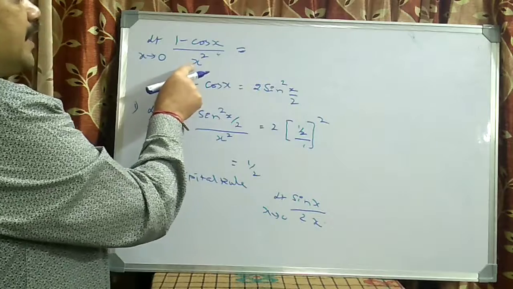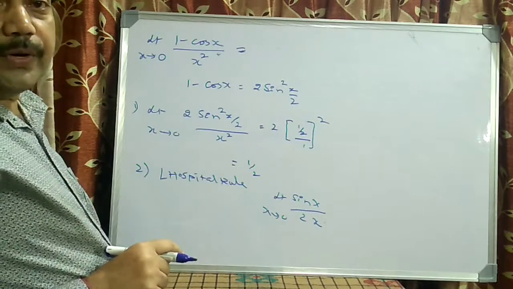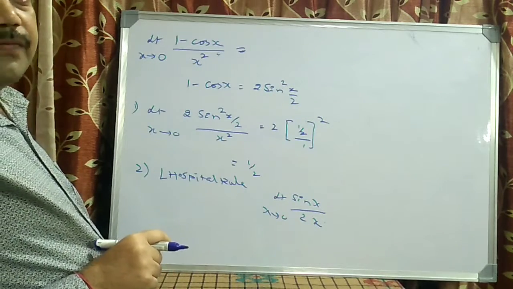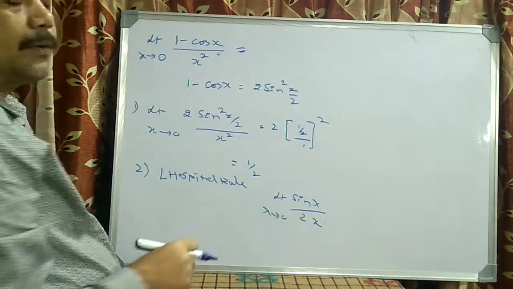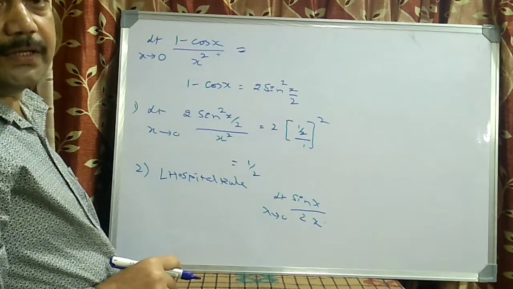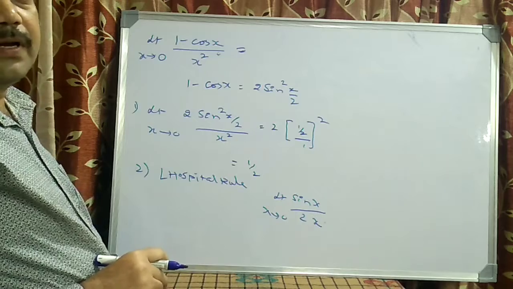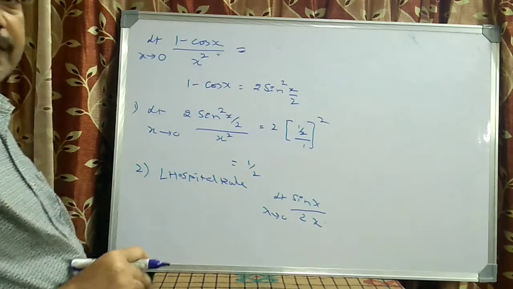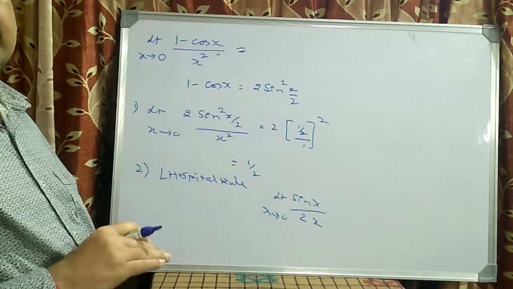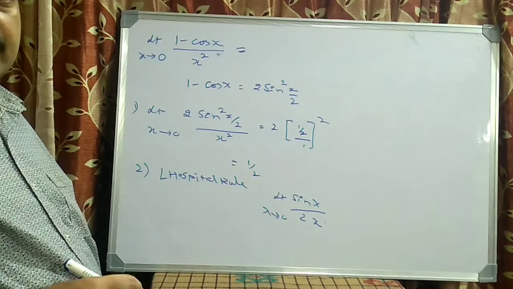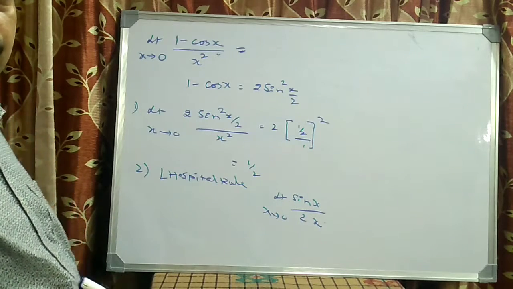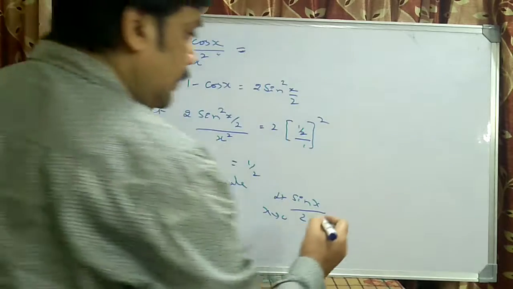If I differentiate x square, I get 2x. Usually students are confused with this L'Hospital rule as u by v differentiation. It is not u by v differentiation, please. It is differentiating the numerator as well as the denominator separately. So what we have here is 1 by 2.